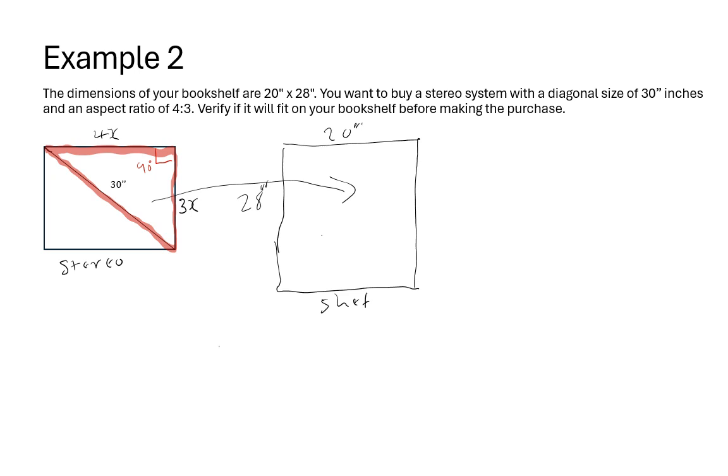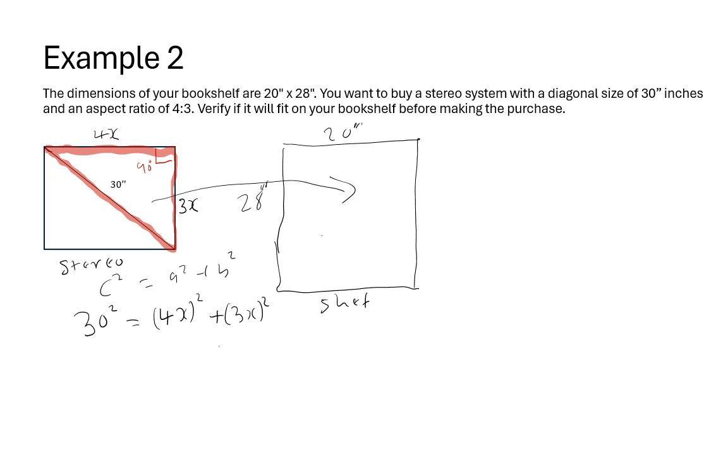So we'll have 30 squared equal to 4x squared plus 3x squared. If you remember, c squared is equal to a squared plus b squared. So this square is equal to this square plus this square.